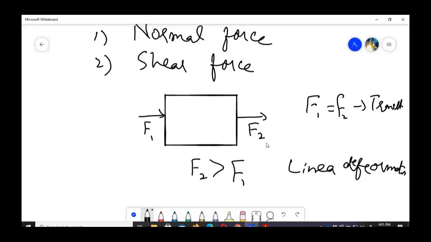It means that on this end we have a force, and then we have a force which is more on the upper side. It means that it would try to rotate in this direction. If this F3 force is more than F4 force, then it would try to rotate in this direction. So that is the concept of shear force.